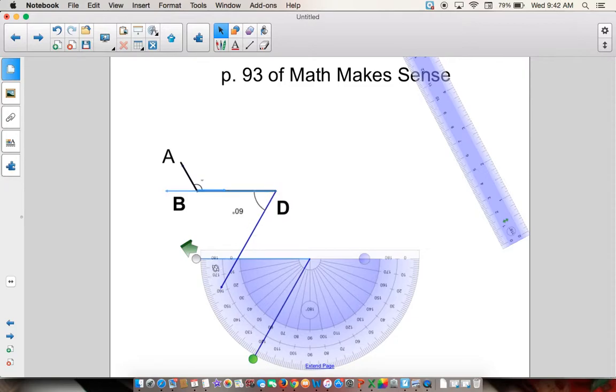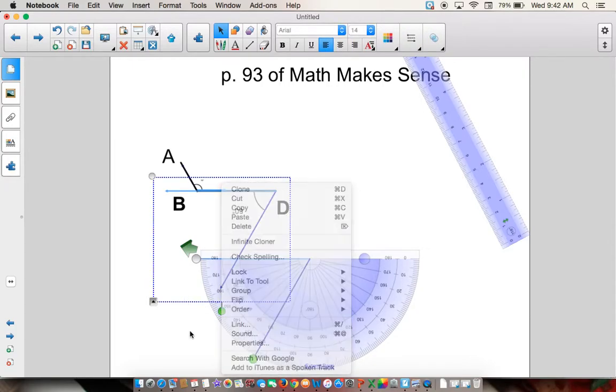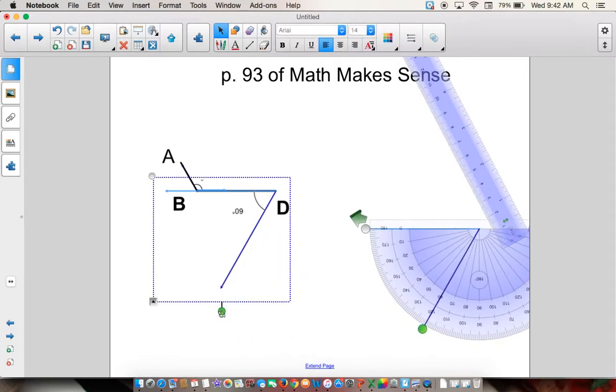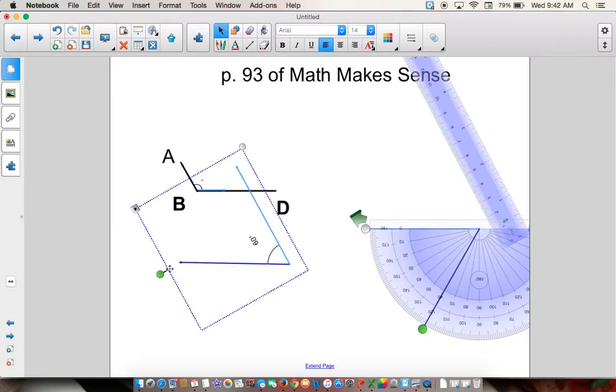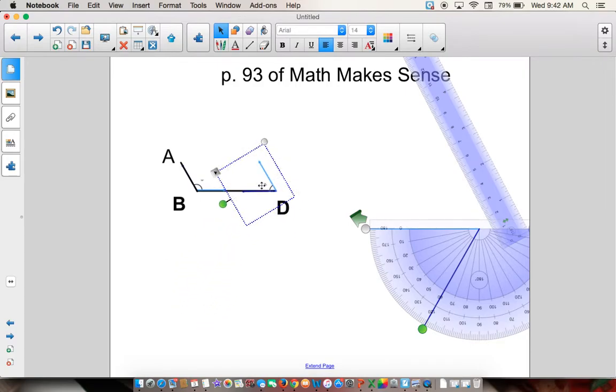And I notice that my angle is facing the wrong way, so I need to rotate it on the green dot. Oh, let me move my protractor out of the way. I can't do it right now. Click on my angle, green dot, rotate. I want the dark blue and the black line to be parallel. I notice my angle is too big. I'm going to shrink it and then move the vertice of my angle to point D. And then it says draw a segment DC 2 centimeters long.